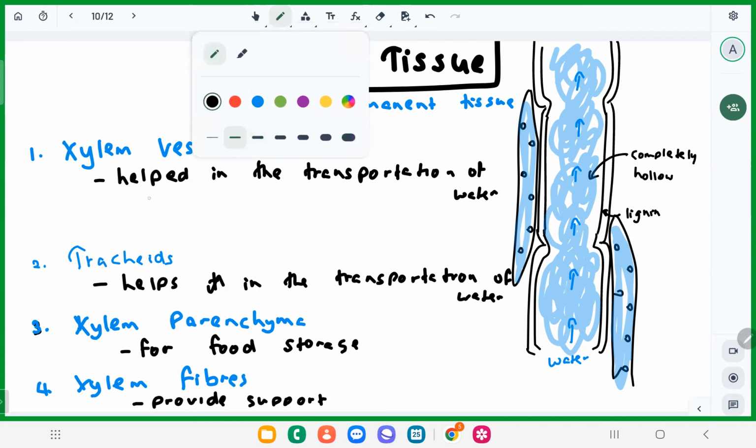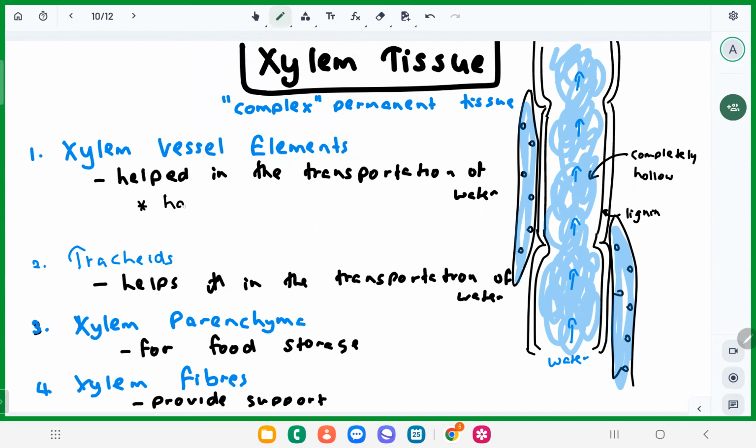We learned that the xylem vessel elements had no cross walls, so that they had a continuous column for the water to flow up. And also the fact that the xylem vessel elements were dead cells with no cytoplasm or organelles inside them. So this is what you need to know about the xylem tissue.